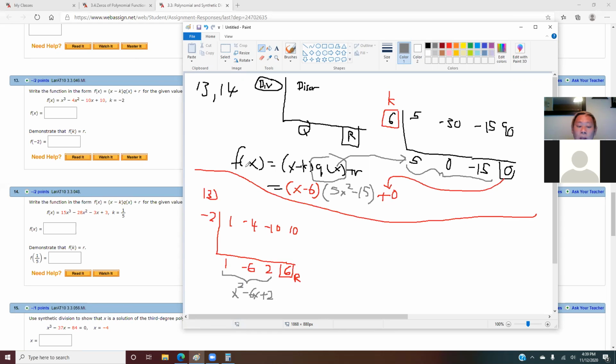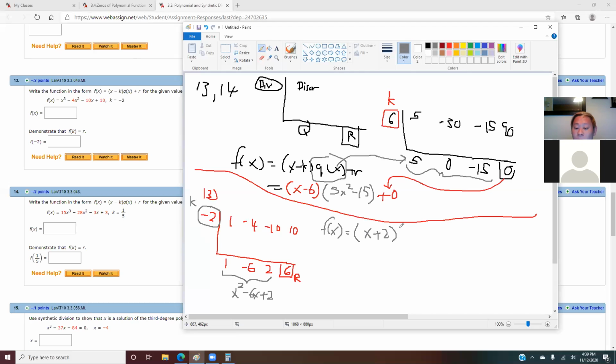So now you can write this in the division algorithm form. So x minus k. And what is k in this case? k is the one that you divide with. So what's k in this case? -2. So that will become positive 2.